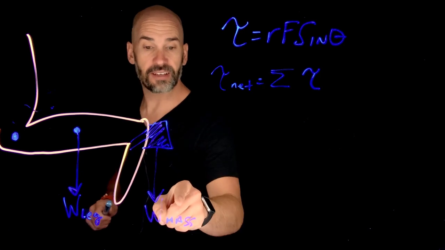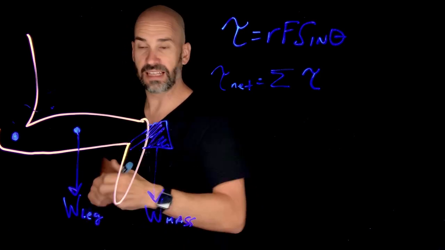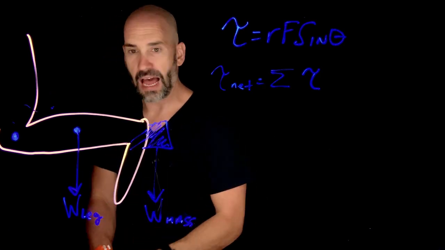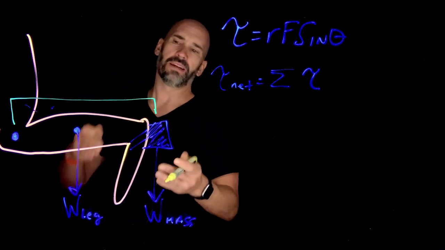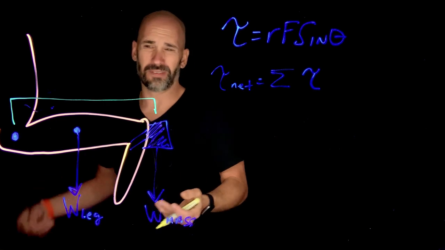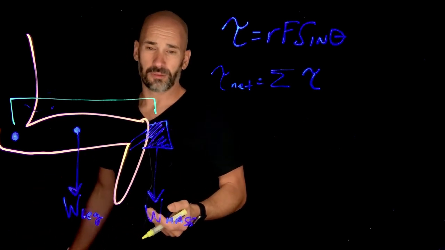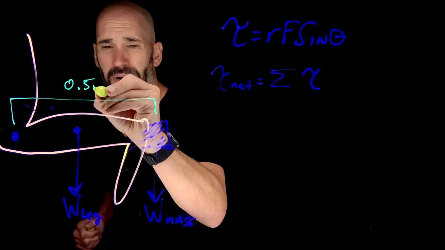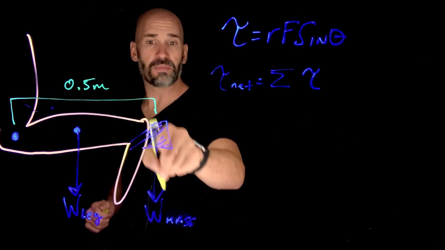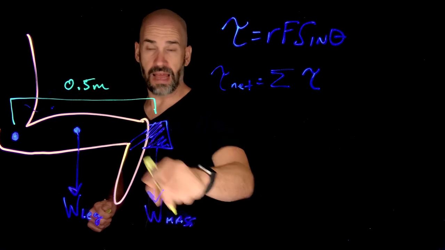In the case of the mass attached to this person's leg, I make this distance here. I don't say it in the problem, but we'll take a typical lower leg for a person to be about 0.5 meters, which is a good approximation. So that's my R for the weight of this mass.